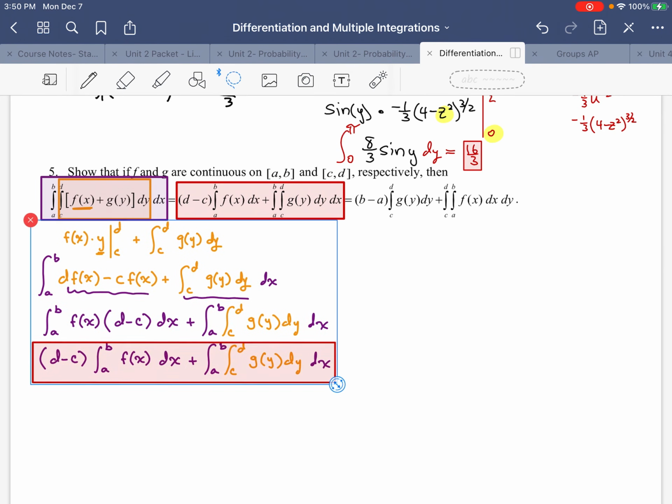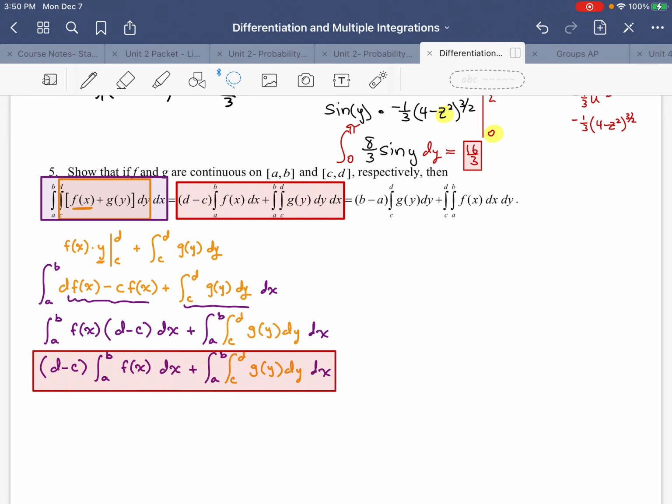So what I can do is make my original iterated integral go from c to d, a to b, swapping the bounds. Still the f of x and g of y, but if I want it in the order they have it here, I can take advantage of the commutative property and swap everything. So then dx dy.